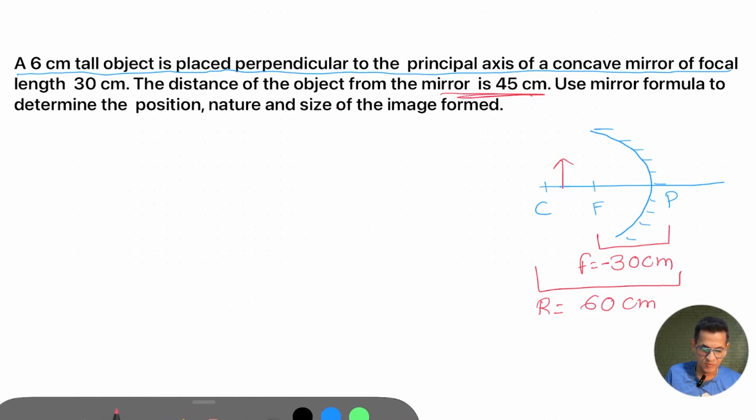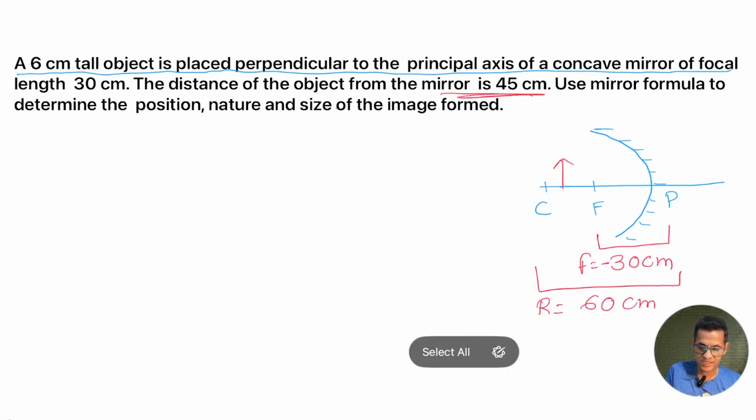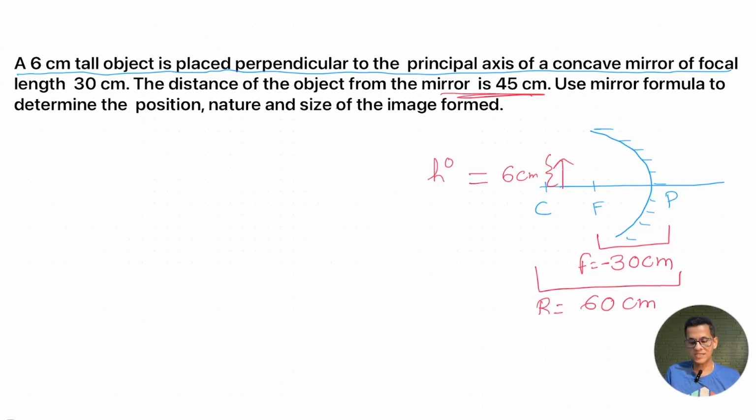Also, we have been told the height of the object. So this particular height is given, which is the height of the object, and it is 6 centimeters. Now height of the object is always taken positive, so it is plus 6 centimeters.